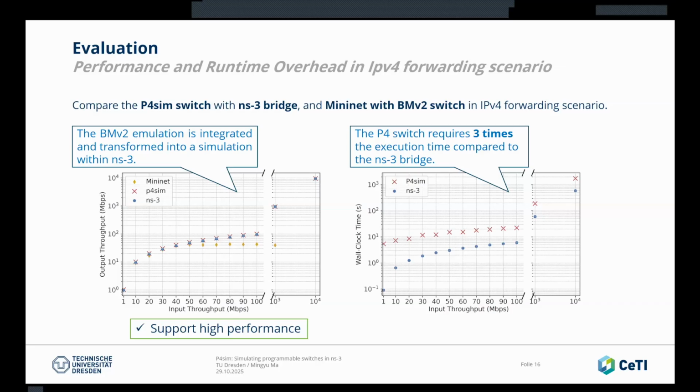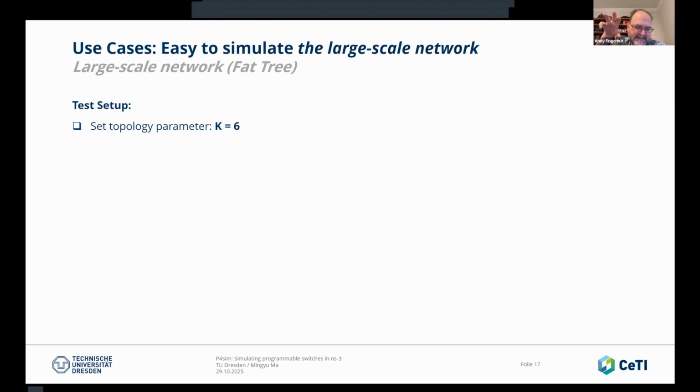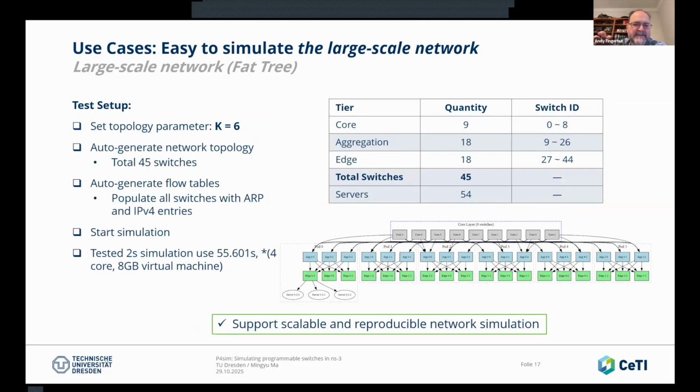Yeah. And another comment on my understanding: Mingyu showed one example where I think he had a single P4sim instance simulating 45 switches and 54 hosts, something like that. So you start up one program and it starts up all these switches and hosts at once.